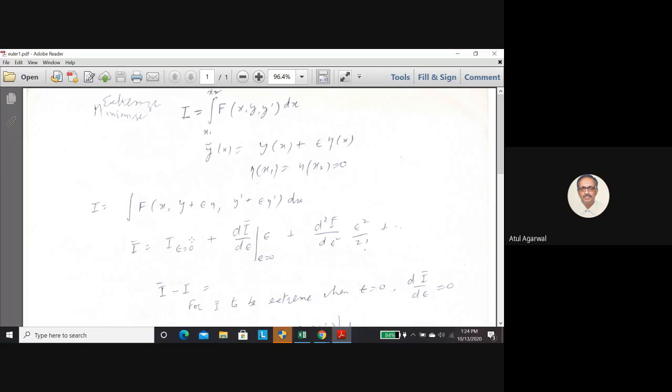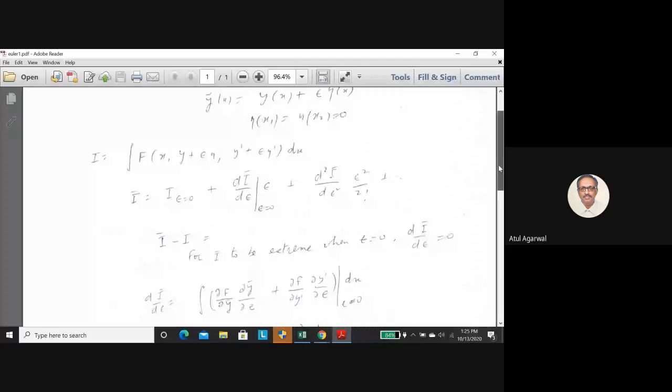So for this to be a minimum, this first derivative should be 0. This is all very standard condition for extreme values, for minima or maxima. So for I bar to be extreme when epsilon is equal to 0, this derivative should be 0.